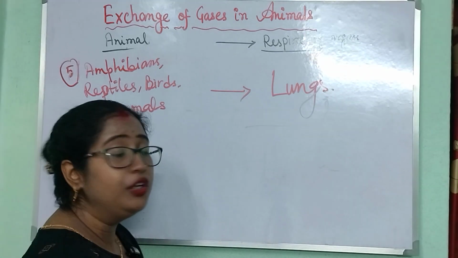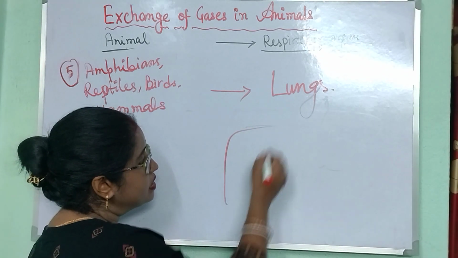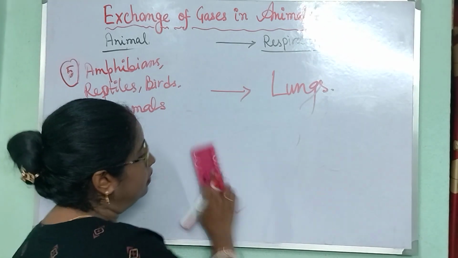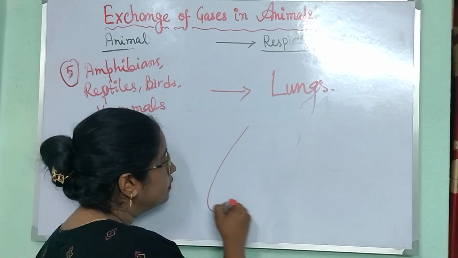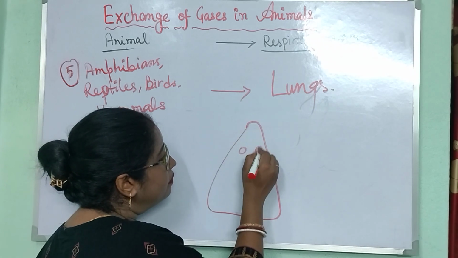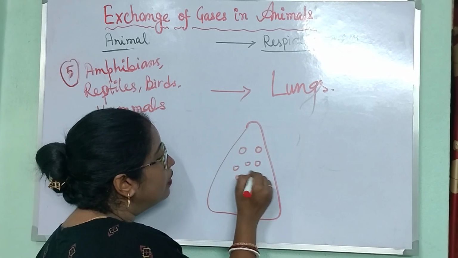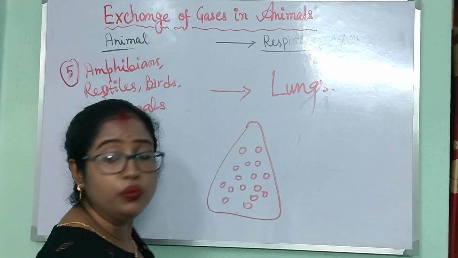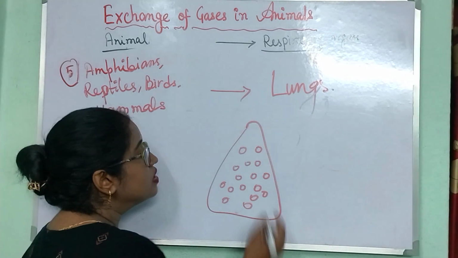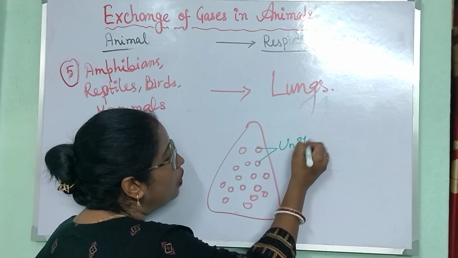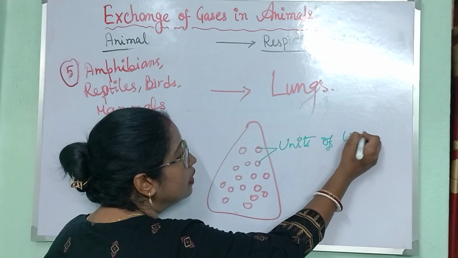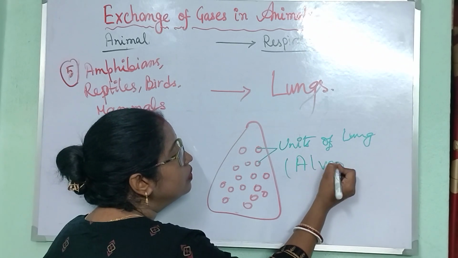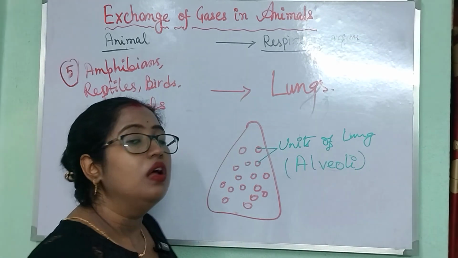As in the case of the human respiratory system, the lungs contain very small sac-like or balloon-like structures. So these are actually the units of the lung, and they are known as alveoli.